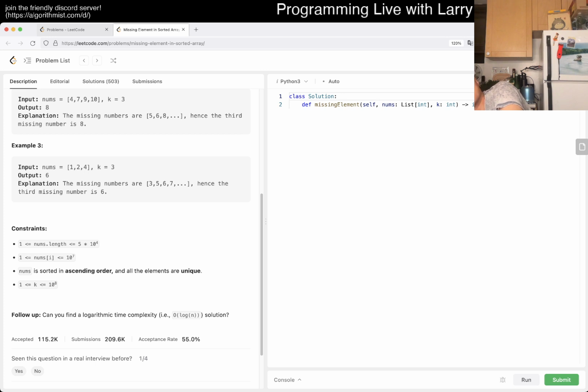I think it's still binary search. You could do the repeated doubling thing, but binary search makes more intuitive sense, because the idea is just to use the index as the number of numbers before that are not missing, right? So almost like the inverse of what you have. Let's give it a try.